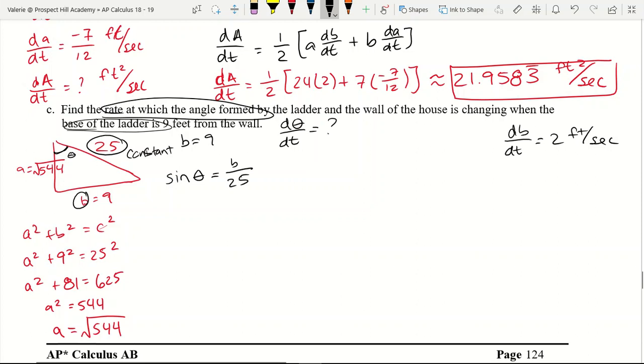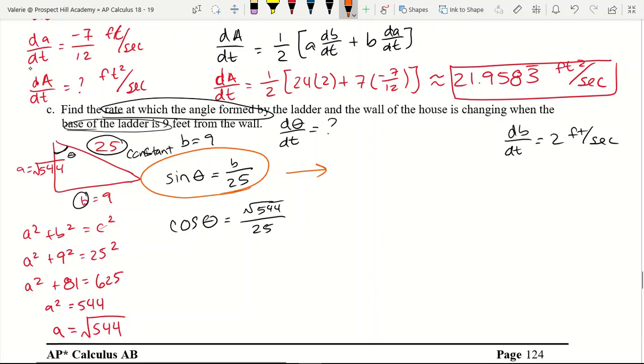It's my constant. But to do this problem, we're also going to need the cosine of theta, and I'll show why in a second. So the cosine of theta is going to be square root of 544 over 25. So the equation we're using is sine theta equals b over 25.